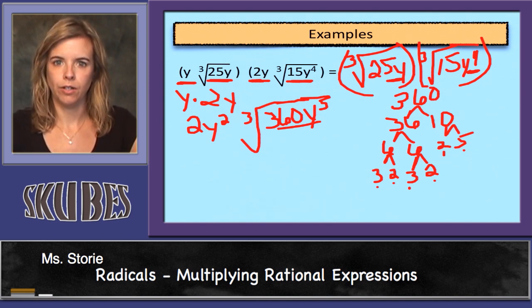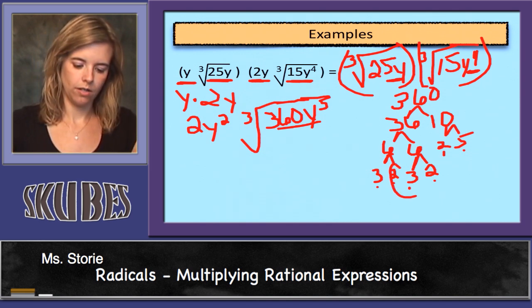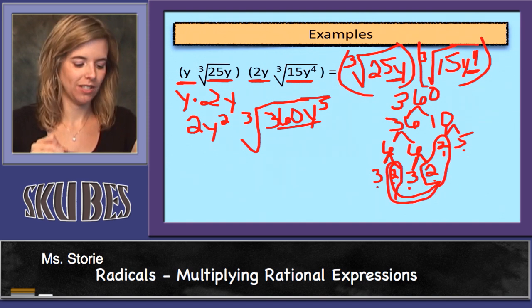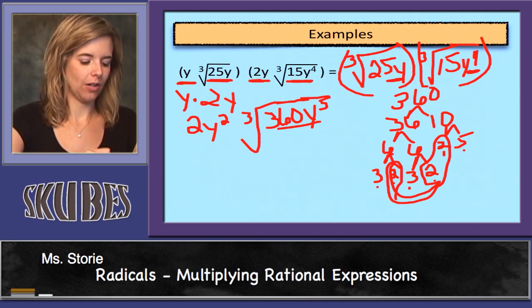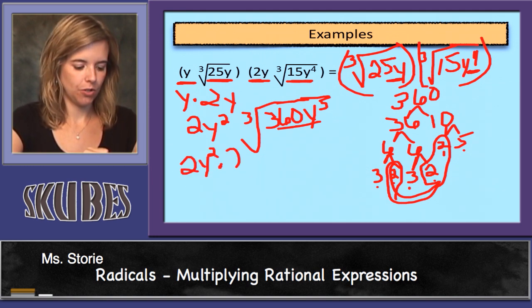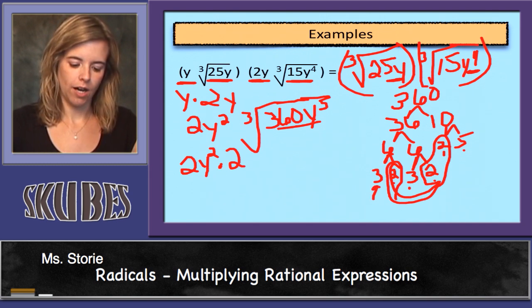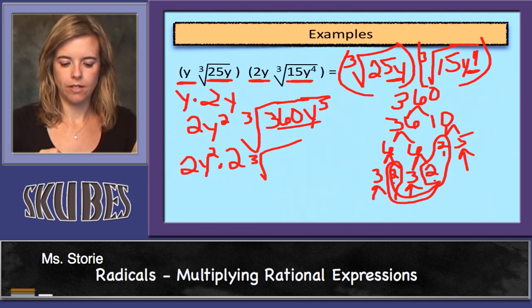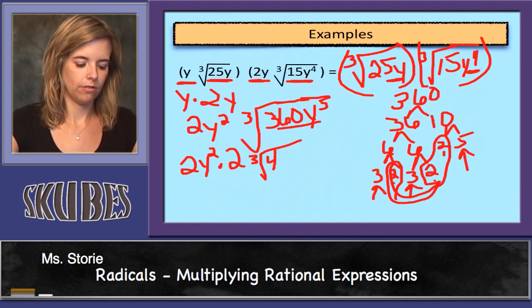Now it's cubic, so we're looking for groups of 3, so I need 1, 2, 3, and I've got a group of 2s, 3 of them, so I'm going to take it out, and I'm going to have 2y squared times 2. And my leftover guys, 3, 3, and 5, go back underneath the radical sign. Remember, this is cubic. So 3 times 3 is 9, and 9 times 5 is 45.